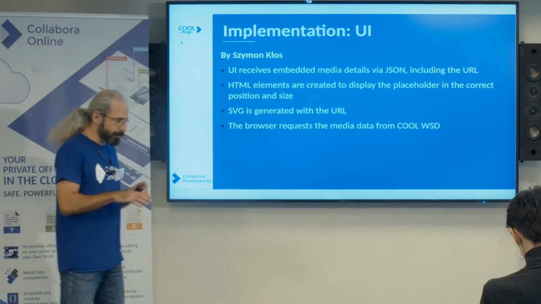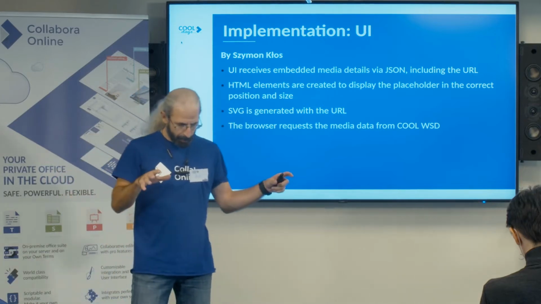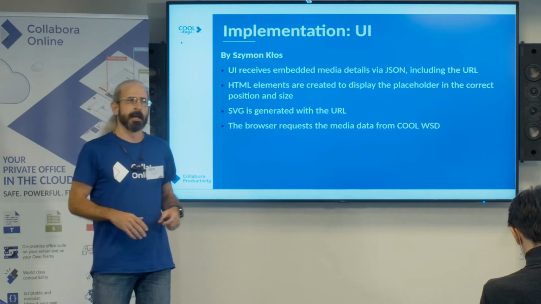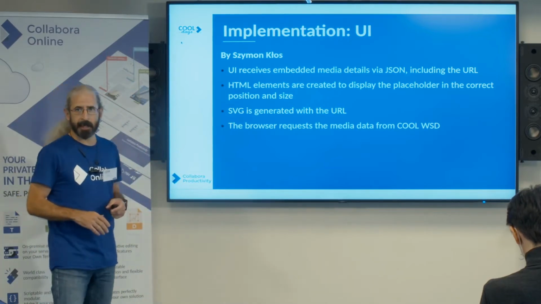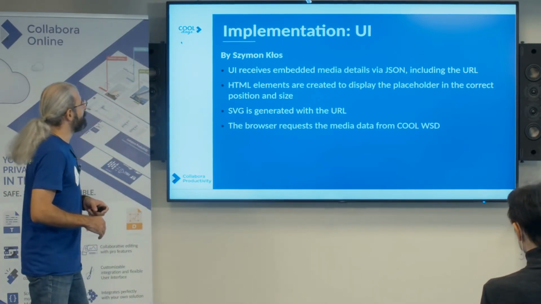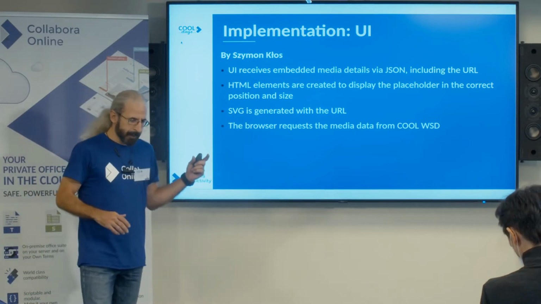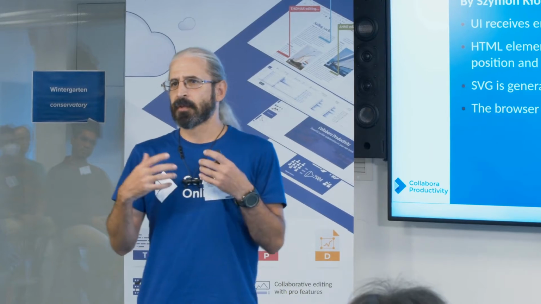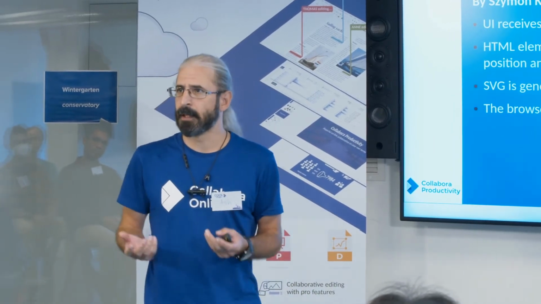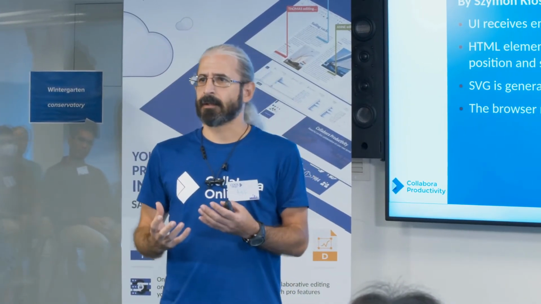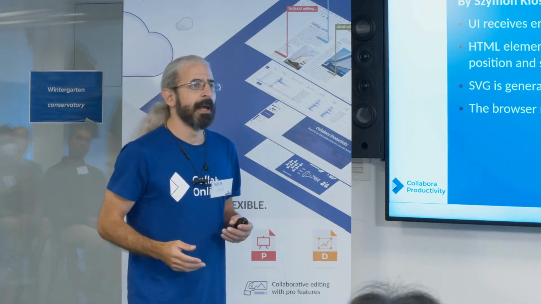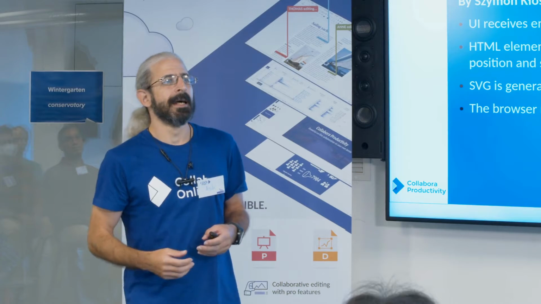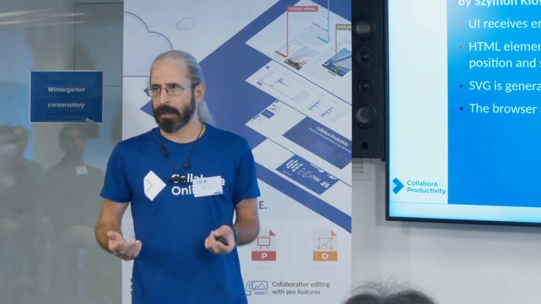So the implementation is split into two main parts. The UI part, which Shimon is working on, who has presented the JS dialog work. Basically the idea there is for the client side in the browser to receive some JSON information describing the multimedia content that is available in a document, with the position, with the URL, how to reach the actual data, the size, and any other attributes that might be relevant.